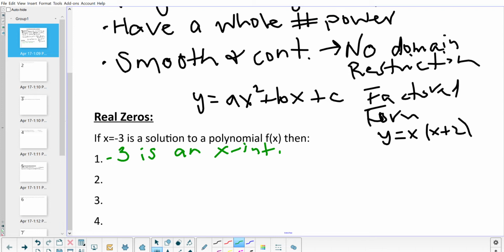A few other things. If -3 is an x-intercept, that means, looking at this example over here, -2 is an x-intercept, right? So that means x plus 2 is a factor right here. Well, if -3 is a solution, that means x plus 3 is a factor to the polynomial.